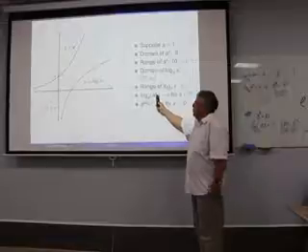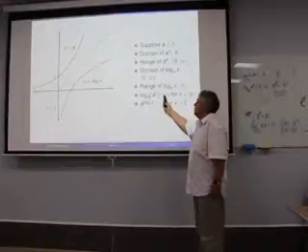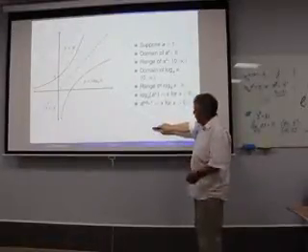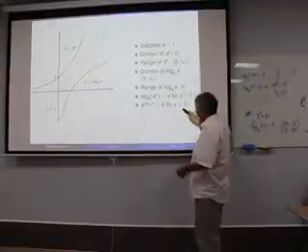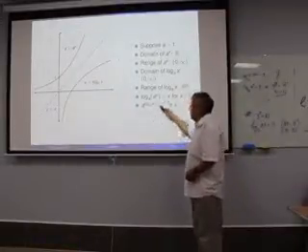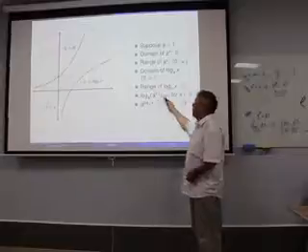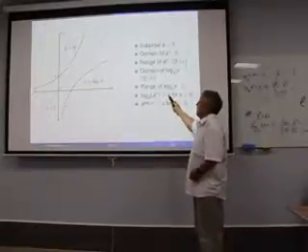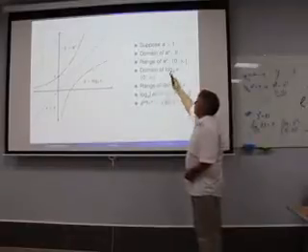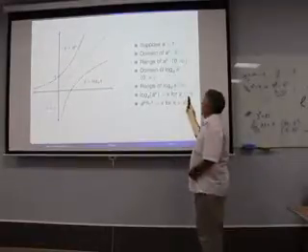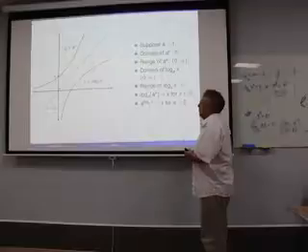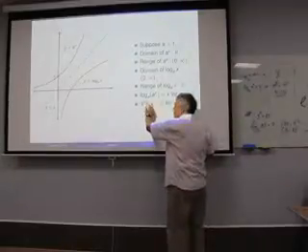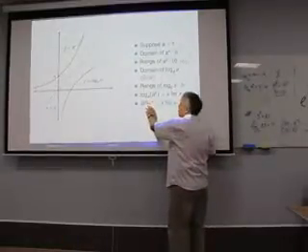Here, the domain is any real number. So if we go from here to here and then back, we come exactly to the same place, x. We start from x and we come to x. And x, because it comes from here, can be any real number. Now we can put things the opposite way.